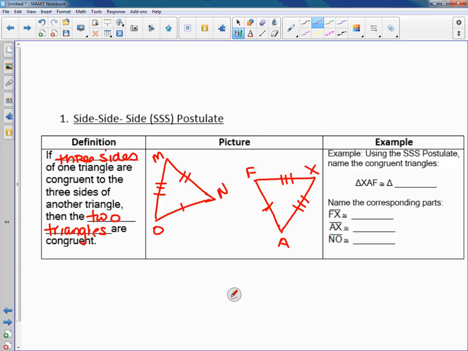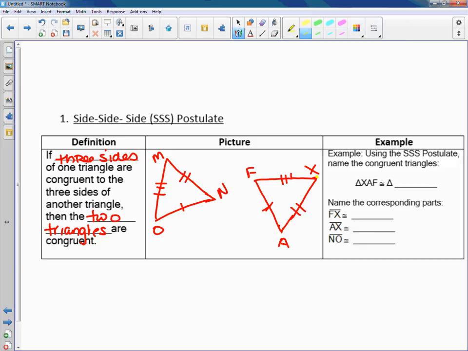If you notice, three sides of one triangle are congruent to the three sides of the other triangle. So if you look at this, it says XAF. If I start at X, I'm in between the 1 mark and the 2 mark sides. Is everybody with me?